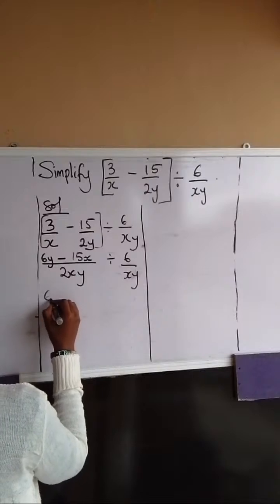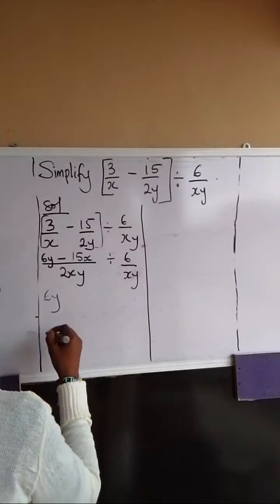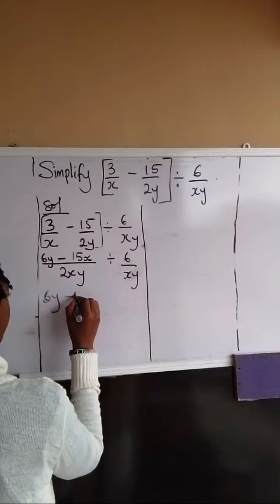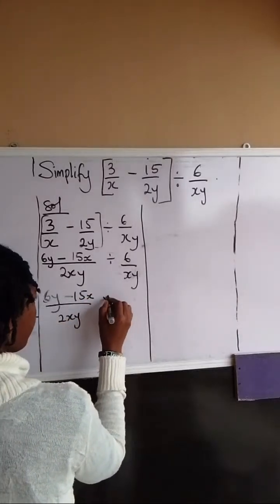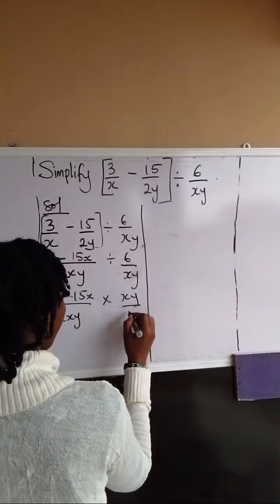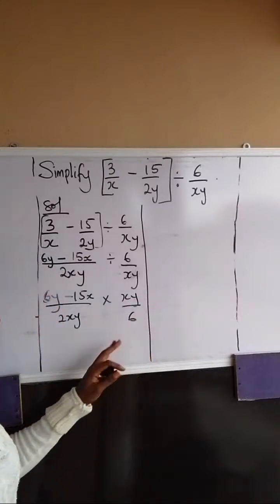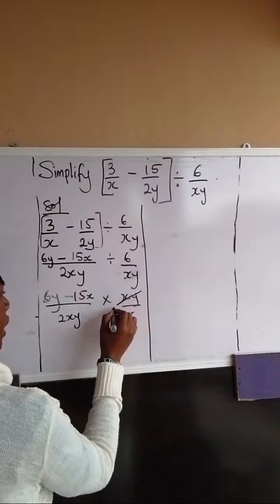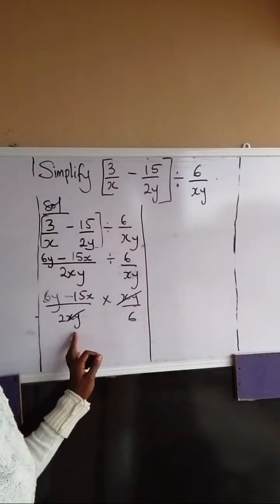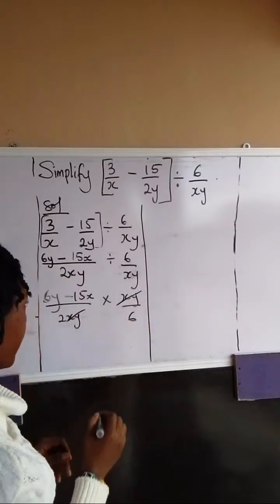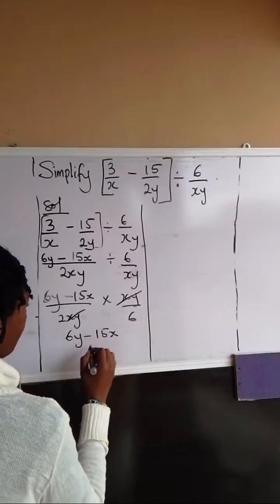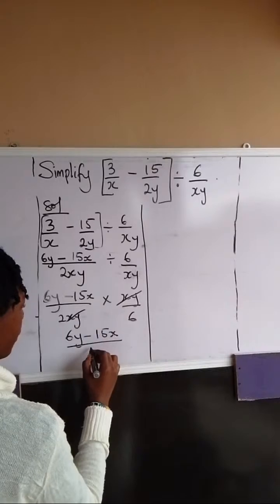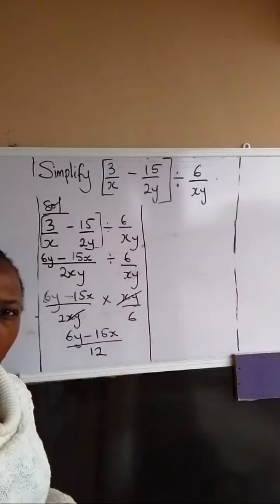So 6y minus 15x all over 2xy times xy all over 6. So this xy cancels this, and then we have 6y minus 15x, and this will give us 12.